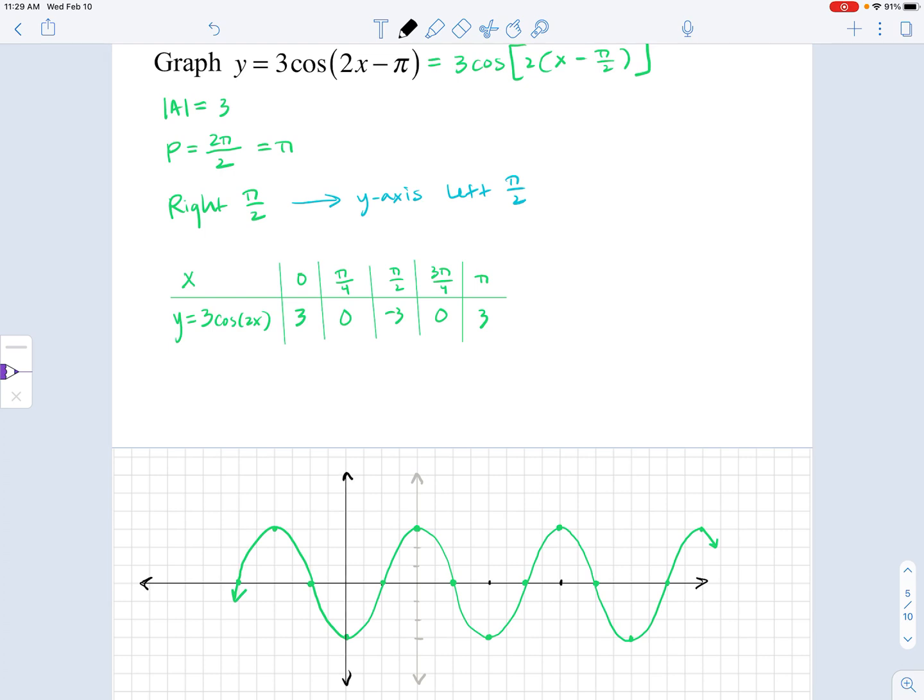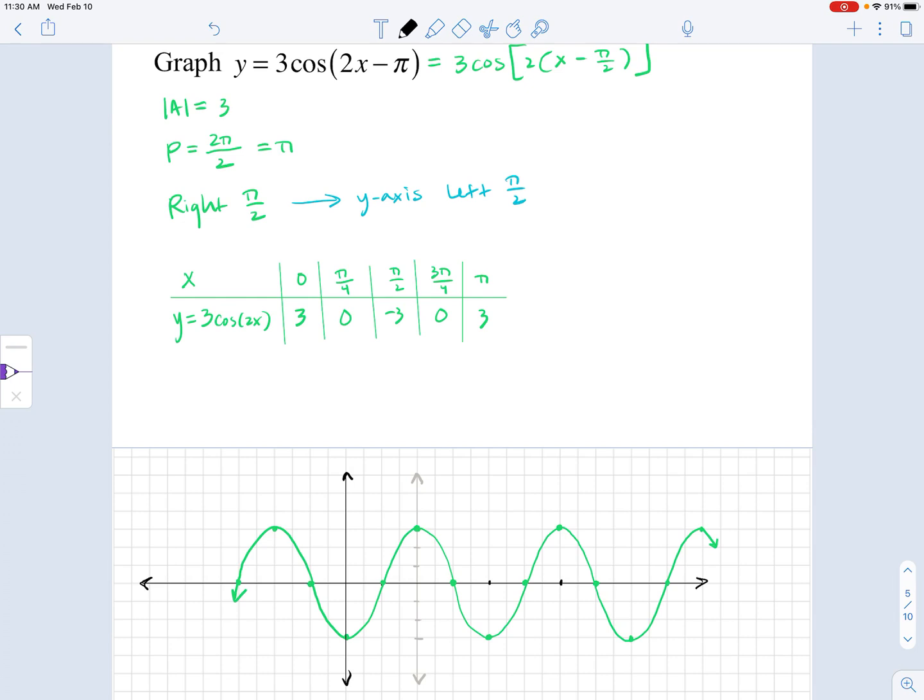And once we've done this, you could think of it almost like you graphed the non-shifted function and then used copy and paste to move it over to the right pi over 2 units. But instead of doing that, because that would be really difficult, you're actually just shifting the y-axis to the left pi over 2 units, and it has the same effect. And if you were given a domain, you just want to make sure that you have graphed over the domain that's being asked for. Not more, not less.